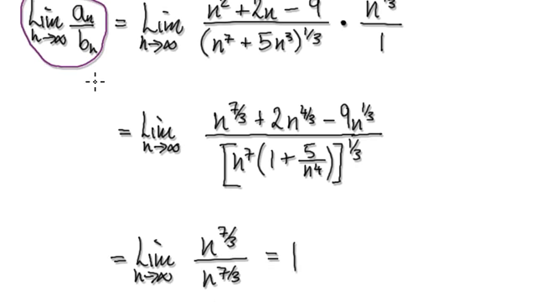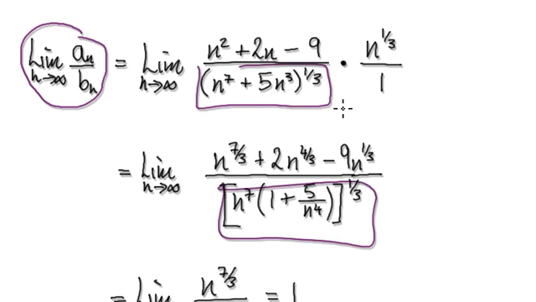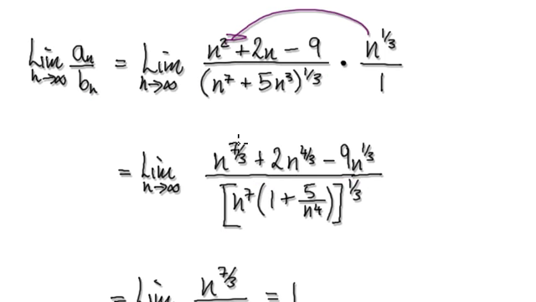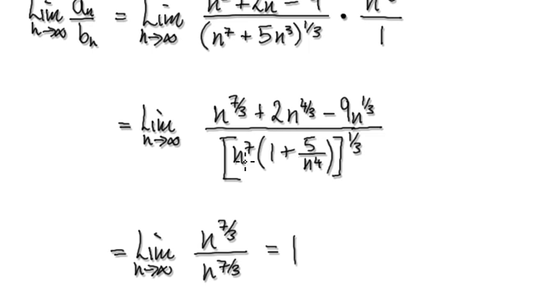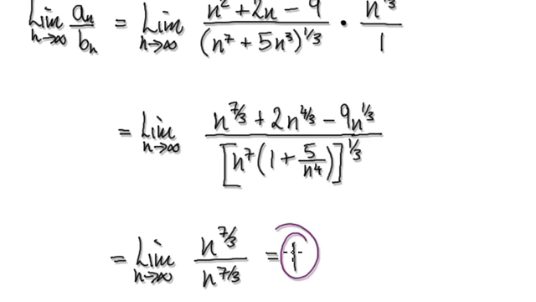This bit here you can rewrite as this. Then this times this gives you this. Then tidy this up. As n heads towards infinity, this is going to be 1, and then this whole thing here will be this. And then the limit will be 1.